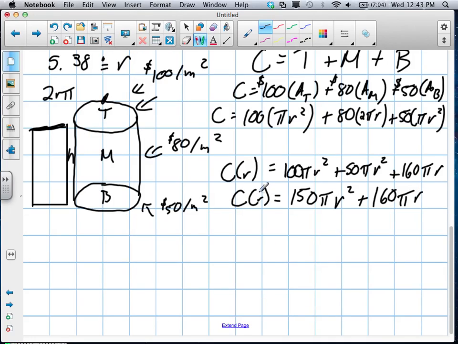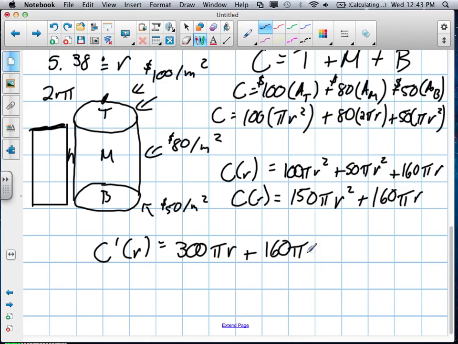We've made an equation that talks about the area of this, so in terms of radius, what this is going to cost us. Because we need to minimize, we're looking for slope being 0. And to solve that, we're going to derive. So C prime of r, the derivative of this function, becomes 300 pi r plus 160 pi. Okay? So we've now derived this function here.